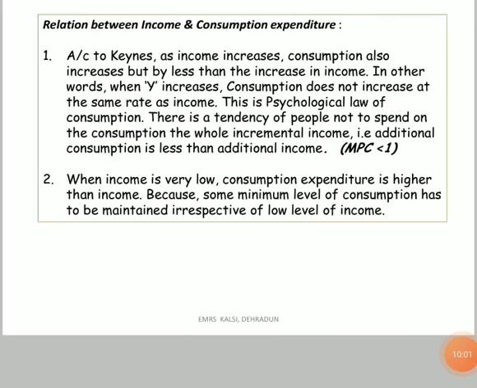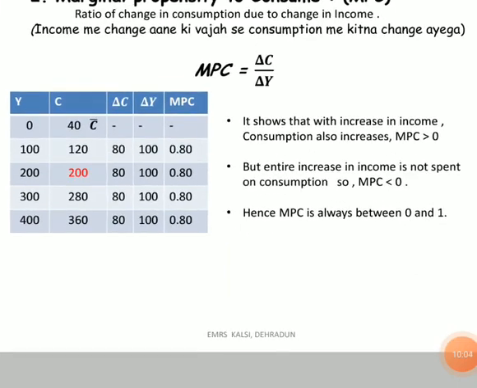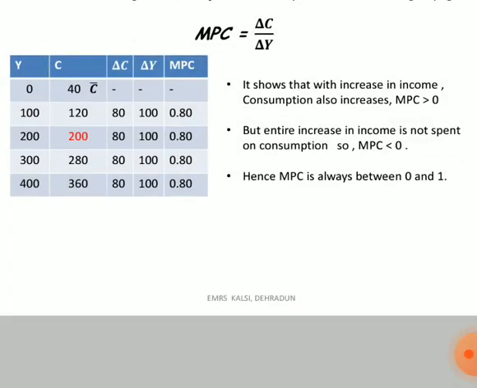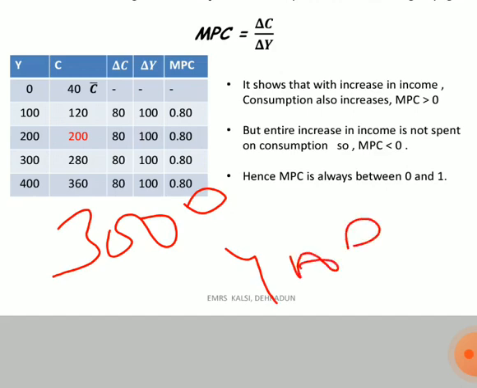Now the next thing is MPC. The definition is the same: how much change we make in consumption due to a change in income. But what we see here is the change in income, how much our income changed this month compared to the previous month. If we are getting 3000 in June and in July we are getting 4000, what is the change here? What is the additional income? 1000 rupees.